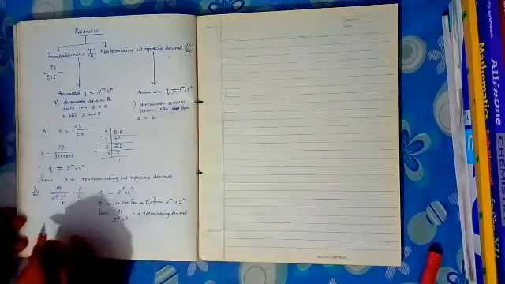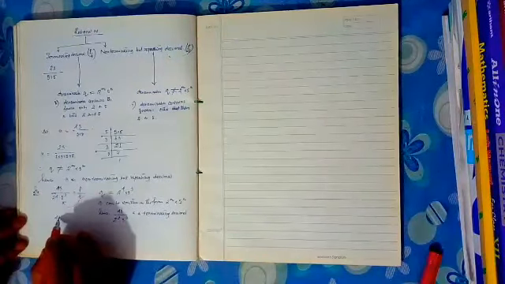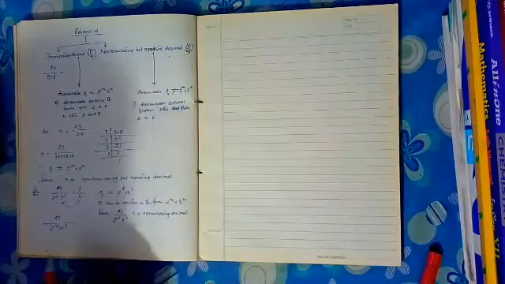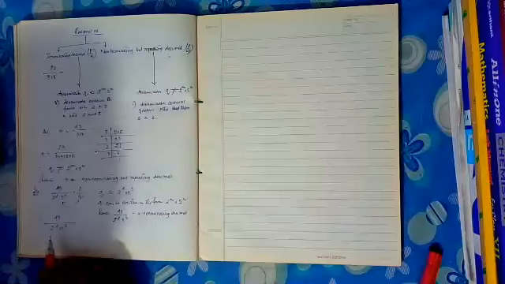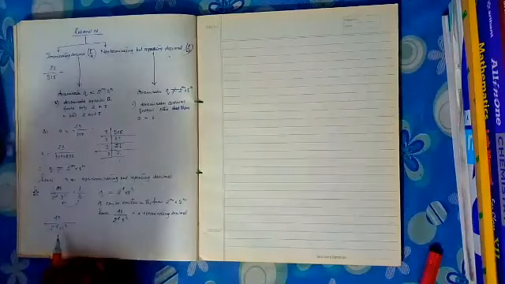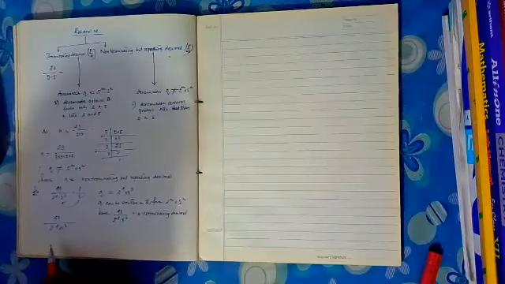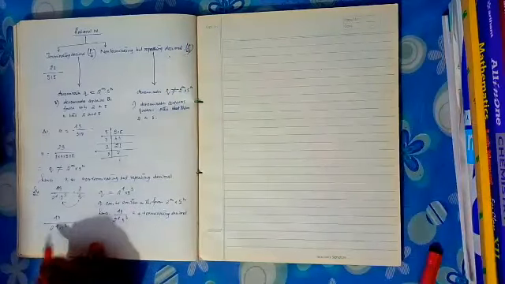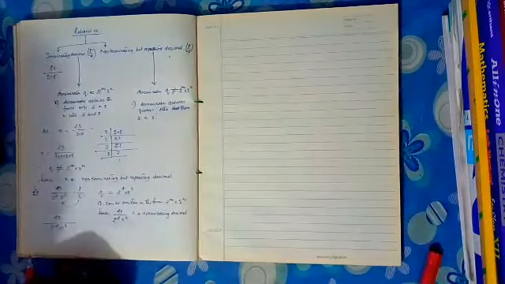Now for place of decimal, 43 by 2 to the power 4 into 5 to the power 3, we need to write 2 and 5 with the same power, and that has the bigger power. Bigger power is 4 of 2, so 5 to be written in the power of 4.